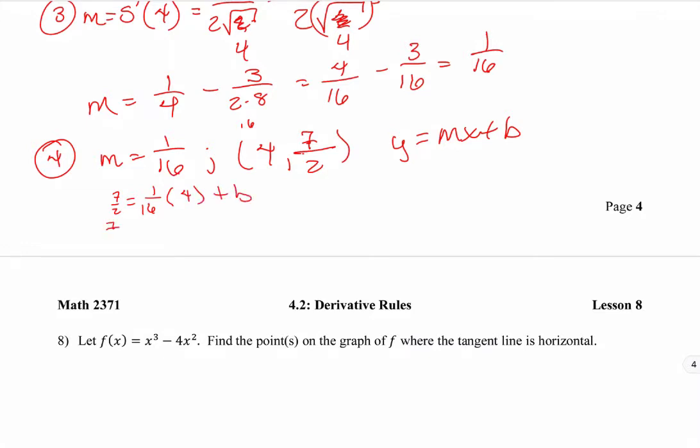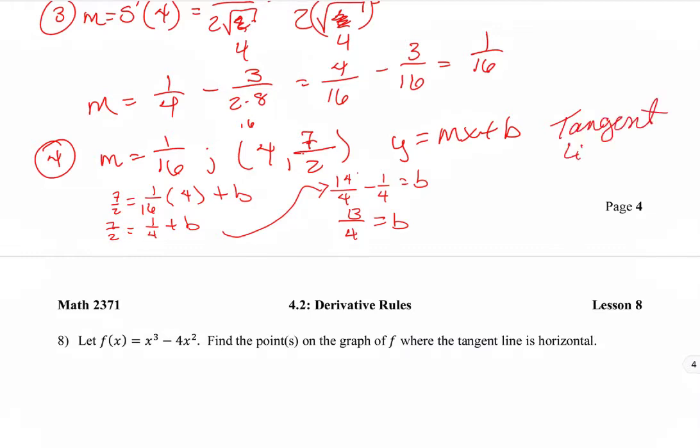So that gives me 7/2 equals 1/4 plus b. So then I get 14/4 minus 1/4 equals b. So 13/4 equals b. So my tangent line is y equals 1/16 x plus 13/4.